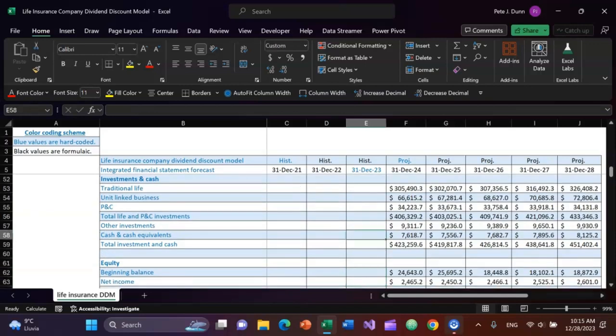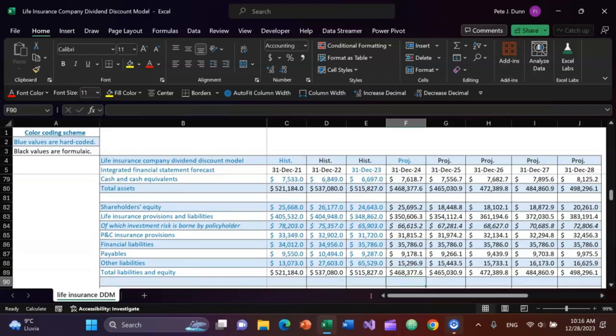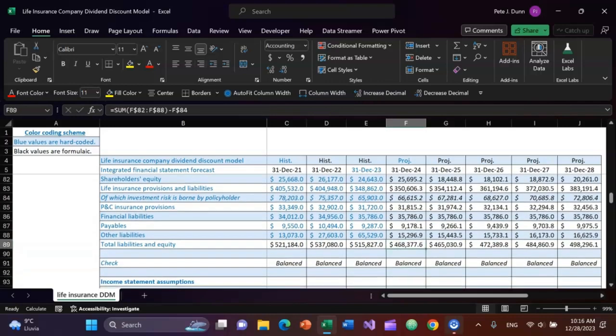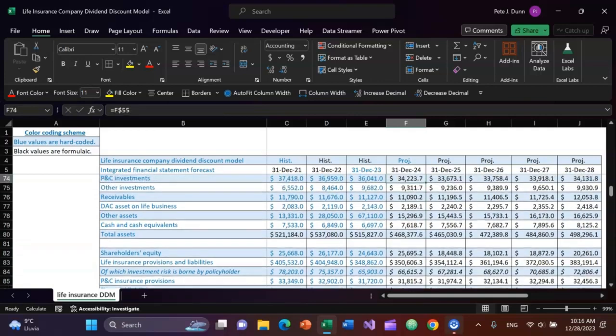Now we'll move on to investments in cash. Total investments in cash is row 89 from the balance sheet minus 68 through 71 and 76 through 78. So you can see here row 89 is the total liabilities and equity. And then you're going to subtract key items.